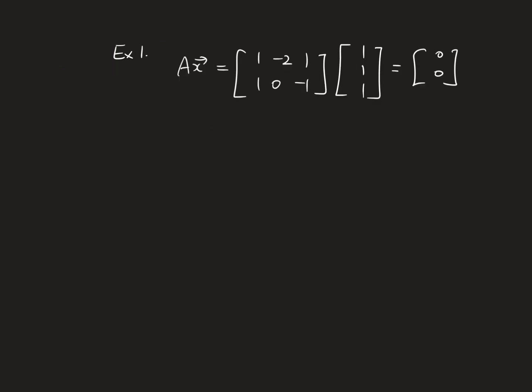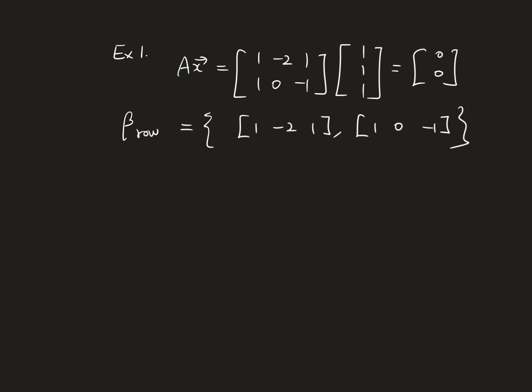Example 1: Ax is equal to 0, and there is a non-trivial solution (1, 1, 1). In this case, a row space basis will be (1, -2, 1) and (1, 0, -1).